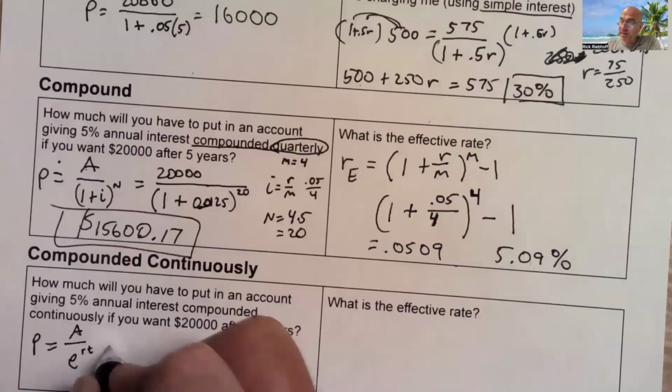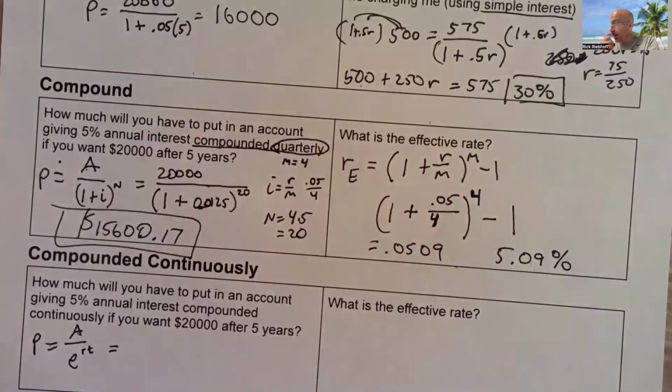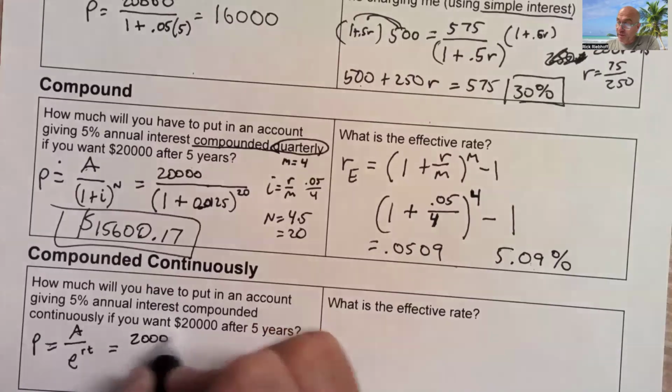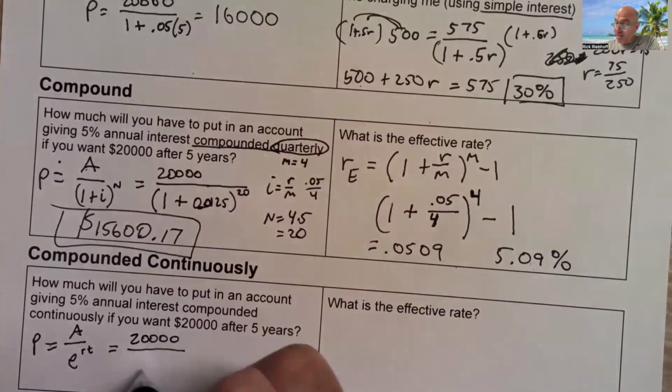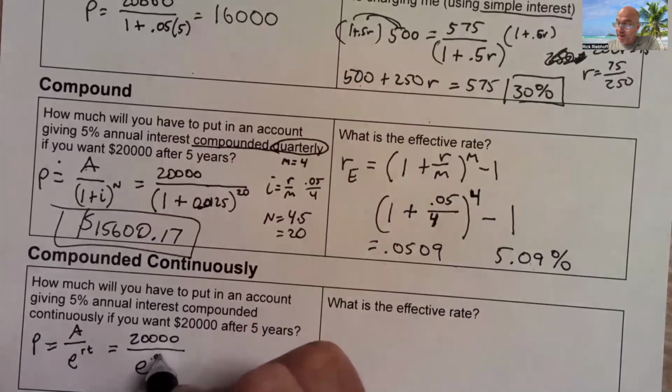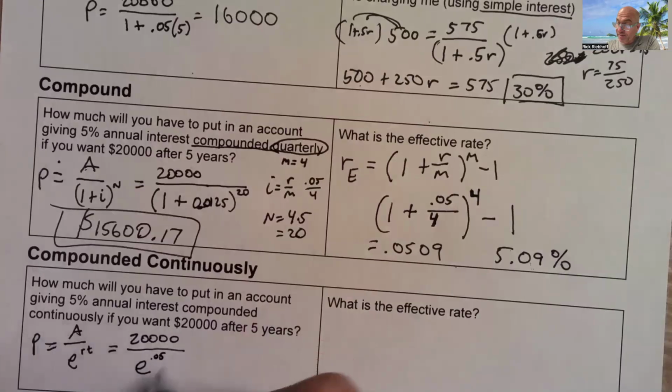All right, so let's plug it in. A is equal to, let's see, where am I? Oh, my A is how much I want at the end. So that's 20,000 over E, and that E is going to be raised to the R, which is the interest rate, 0.05, times T, which is 5 years.